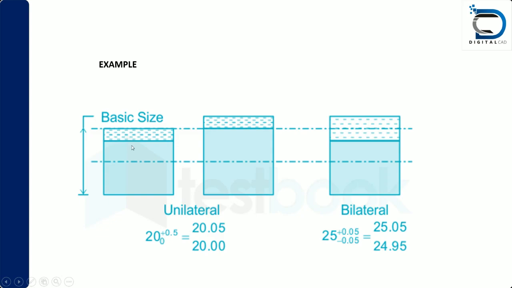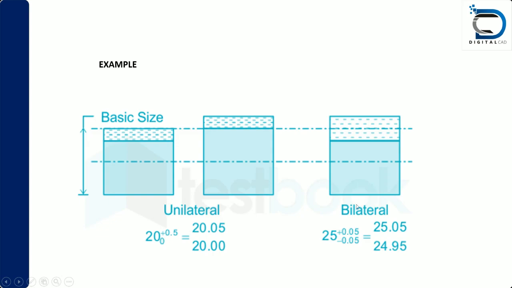As an example, take the basic size of the part, for example 20 mm. In the unilateral case, you see 20 plus 0.05 and 20 plus 0, so only one directional value is given. Basic size plus 0.05 is allowed in one direction, and in the second direction there is no variation from the basic size.